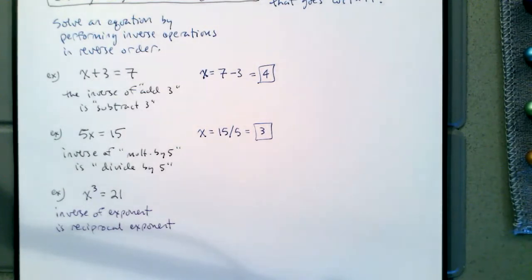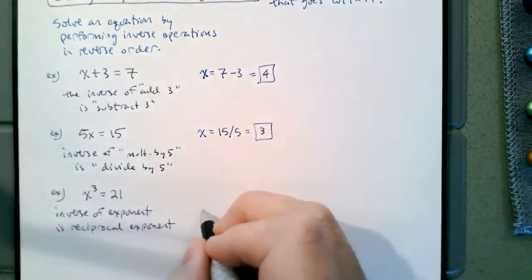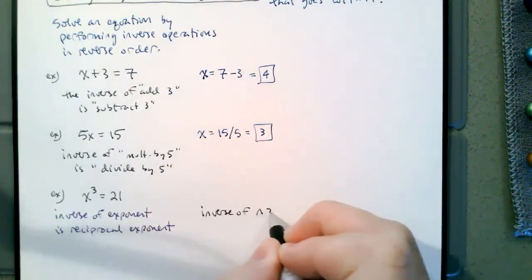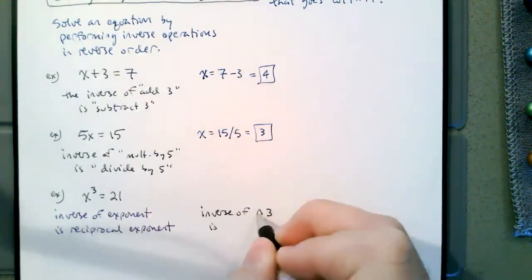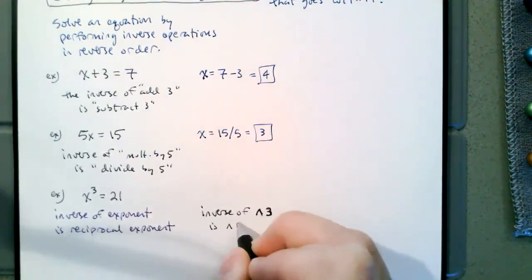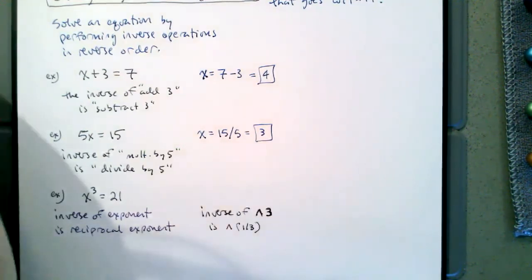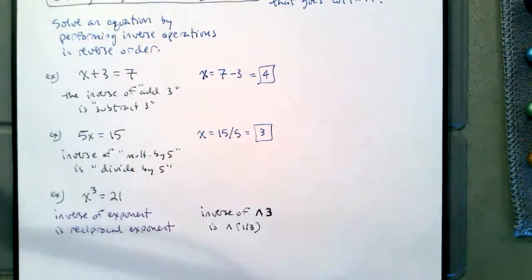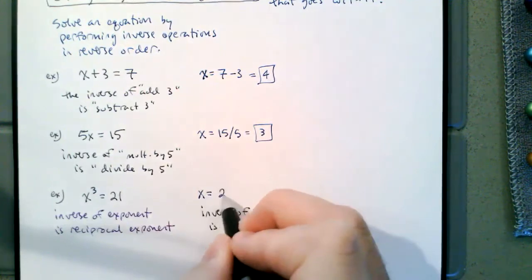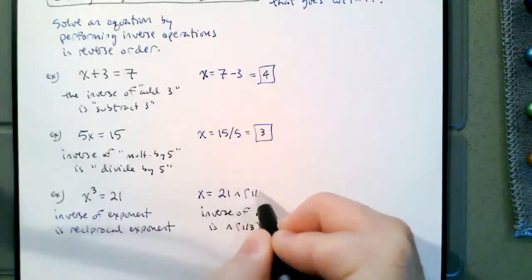So the inverse of to the third power is to the 1/3 power. The inverse of raising something to the third power is raising something to the 1/3 power. So to solve for x, we would take 21 and raise it to the 1/3 power.